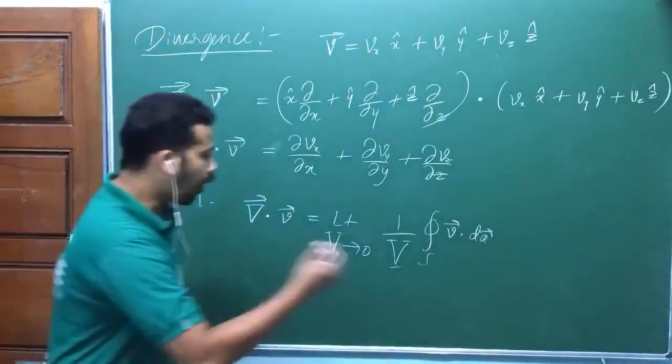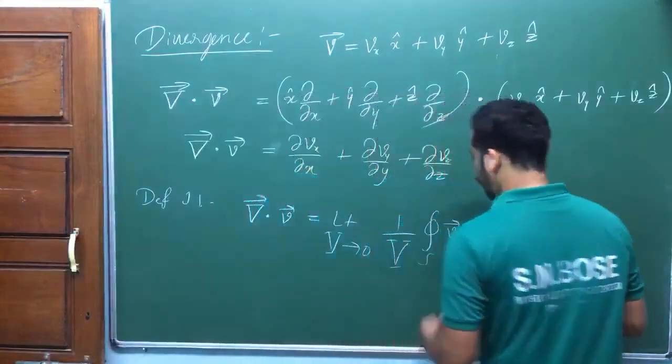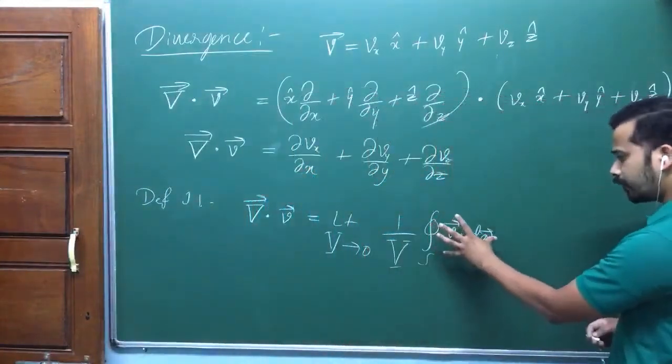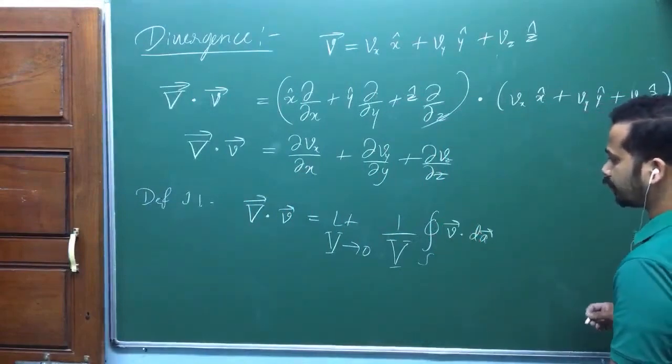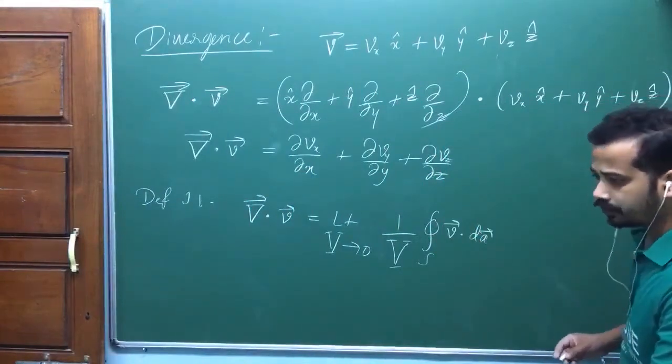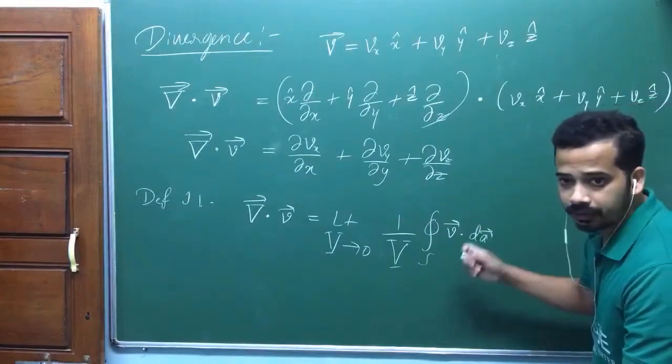Okay. So, you can write it like this actually. When you make that volume very small, this flux also becomes very, very small, am I right? This will become a kind of derivative actually. You have defined this one as a flux density, am I right?